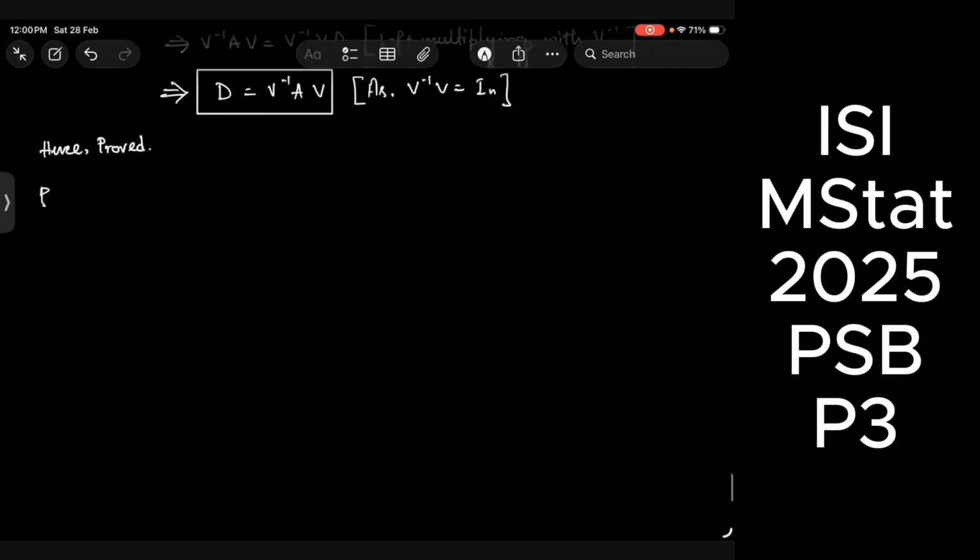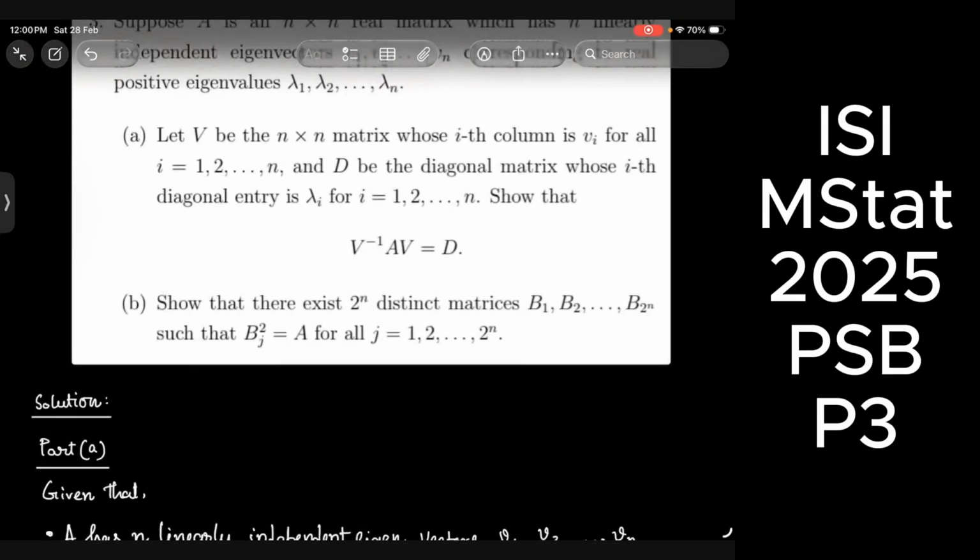So part B. Tell me how can we do this? Show that there exist 2 to the power n distinct matrices B1 up to B 2 to the power n such that Bj square equal to A. How can we do that?